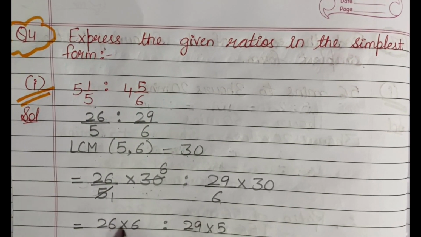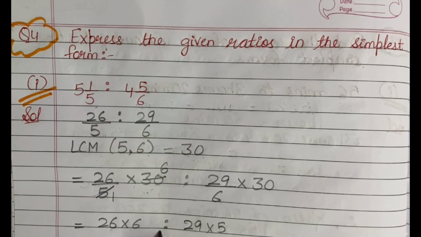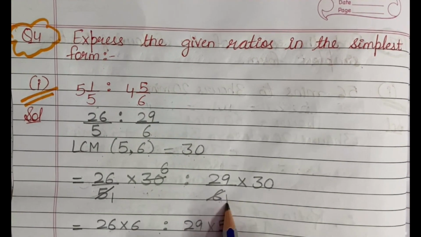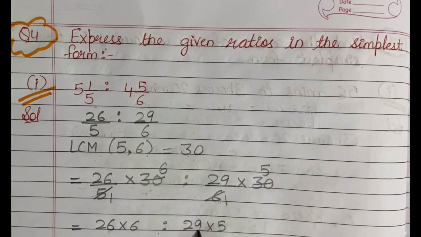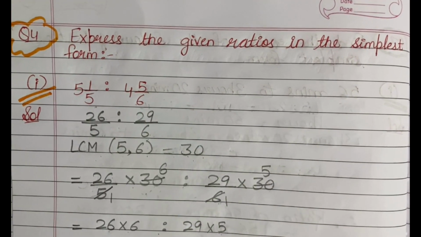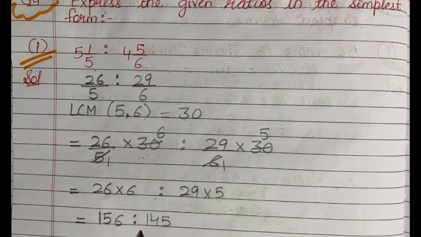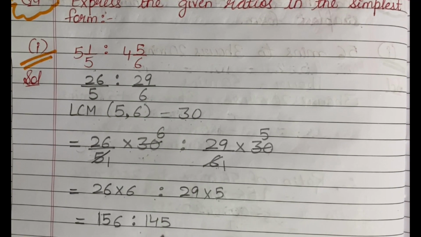We will get 26 multiplied by 6, is to, and 6 and 30 will be cancelled out. 6 ones are 6, 6 fives are 30. 29 multiplied by 5. And on solving this, we will get 156 is to 145. Hopefully it is clear to you.